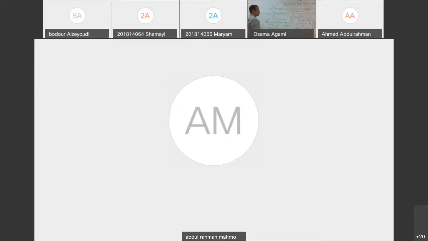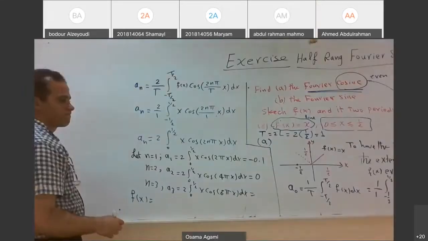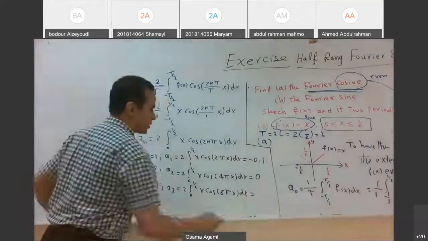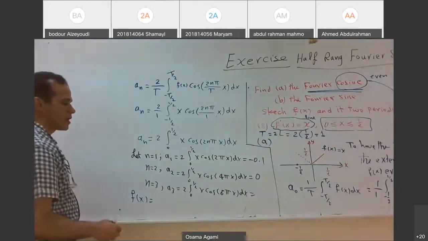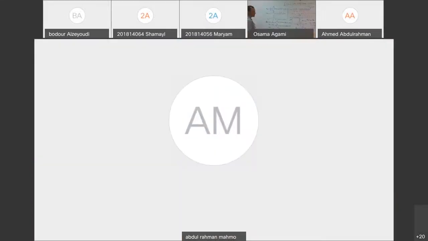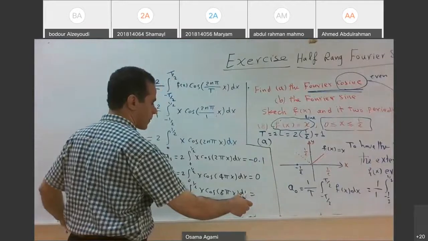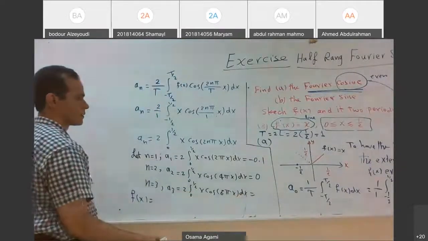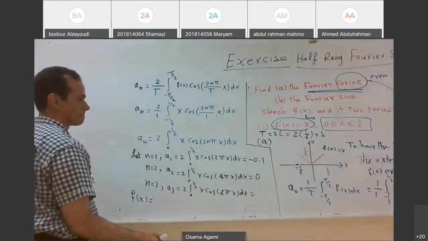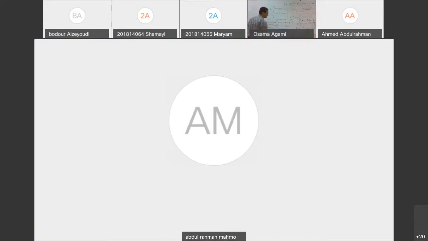Okay. And the last one, a3. Are you in radians or in degrees, Abdurrahman? Radians. Excellent. It's equal to minus 0.01. Minus 0.01, would be the same as this one.